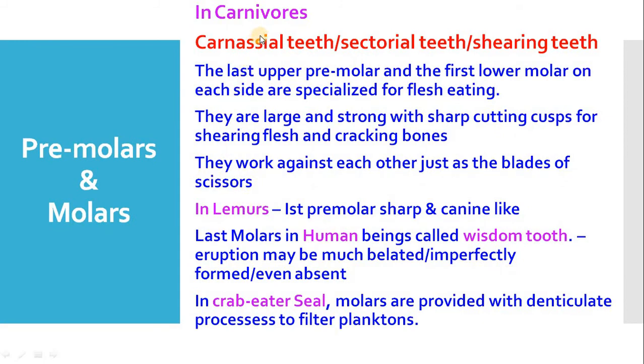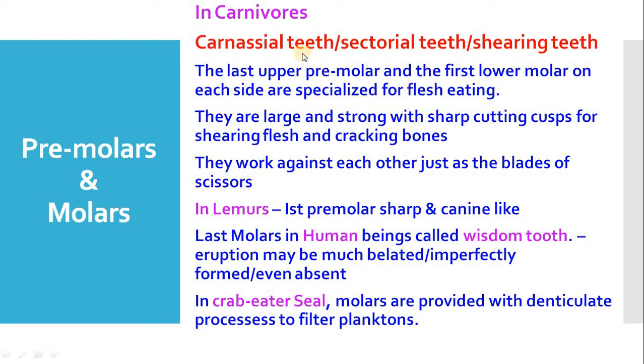Then in the case of carnivores, there will be some adaptations. Carnassial teeth or sectorial teeth or shearing teeth will be present. The last upper premolar and the first lower molar on each side are specialized for flesh eating. Means the last upper premolar teeth and the first lower molar tooth are specialized for flesh eating.